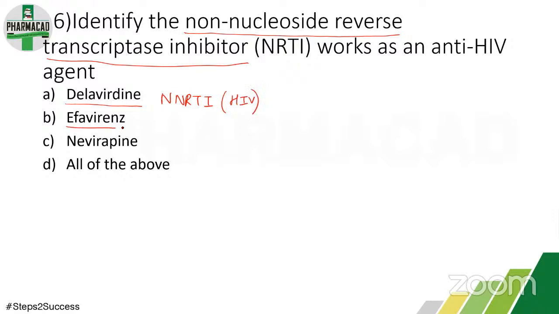The next is Efavirenz. Efavirenz is also a non-nucleoside reverse transcriptase inhibitor and it is also against HIV. Whereas Nevirapine is also a non-nucleoside reverse transcriptase inhibitor and it acts against HIV. So as per this, the correct answer is option D, that is all of the above.